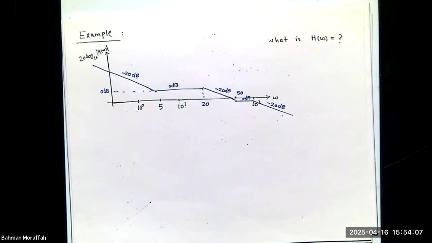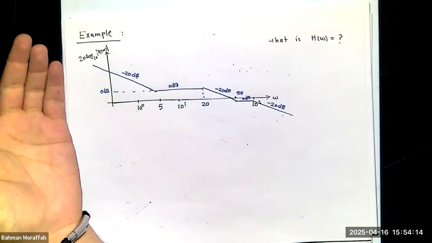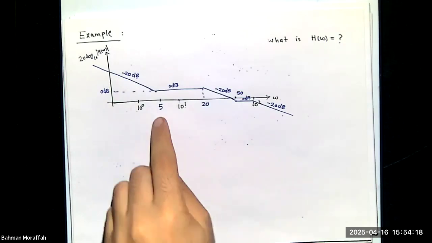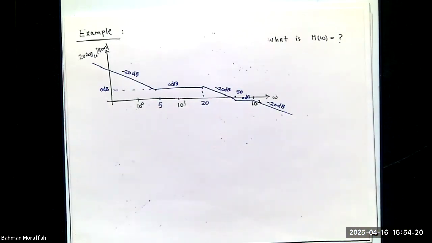What is the first thing we notice here? What we notice is that we're coming from infinity till we actually hit this point 5. Right? And we're coming down by like negative 20 dB. What does it tell us? Doesn't it tell us that we have a simple pole at the origin of order 1?